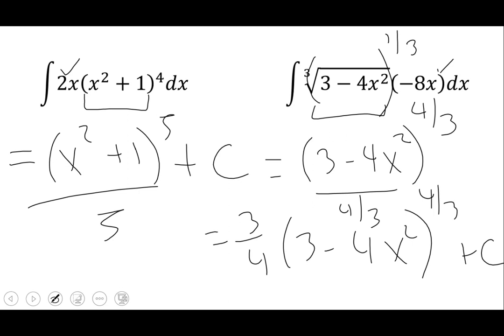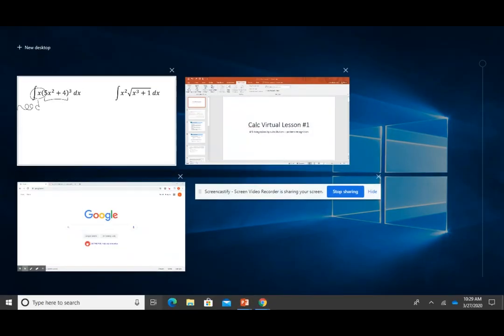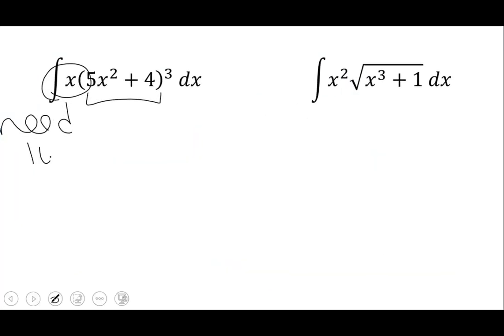Let's go ahead and hit up our last 2 problems here. So take a look at the more complicated f of g. The derivative of the inside should have been 10x. That means that instead of x, we actually needed it to be 10x. So as we go to do our integration, we're going to go ahead and make that compensation.